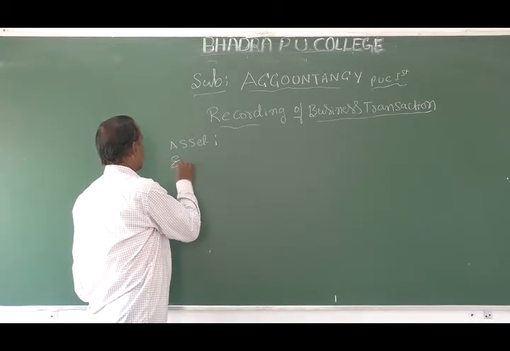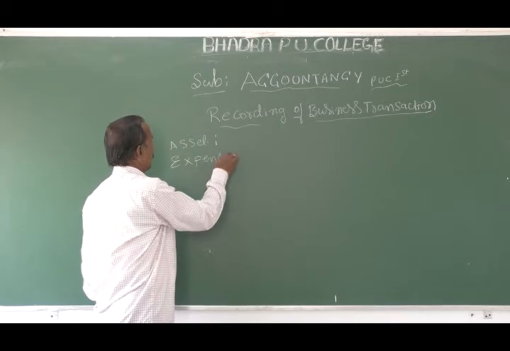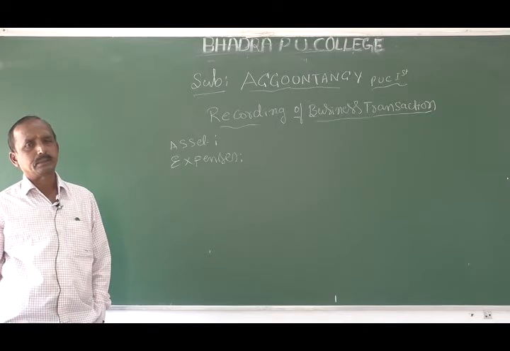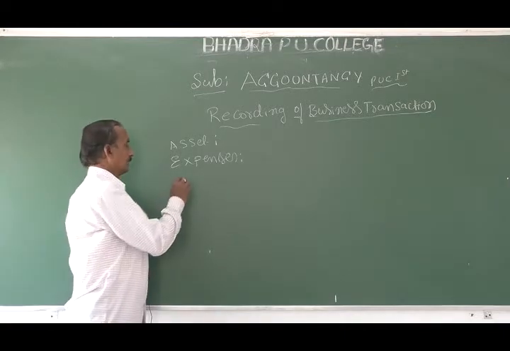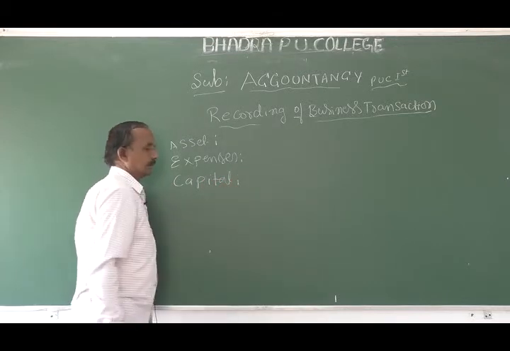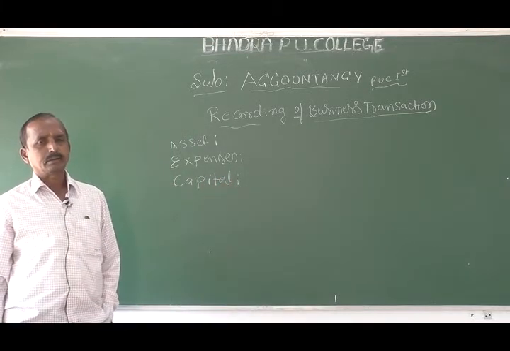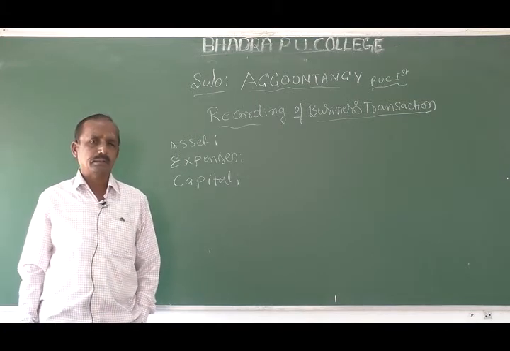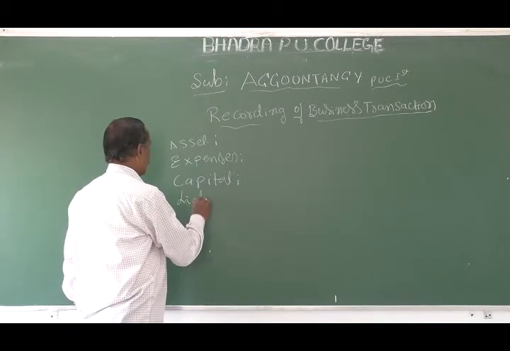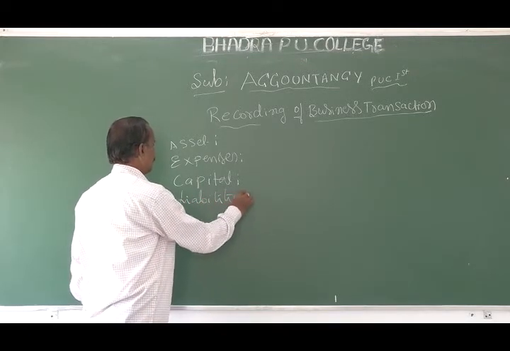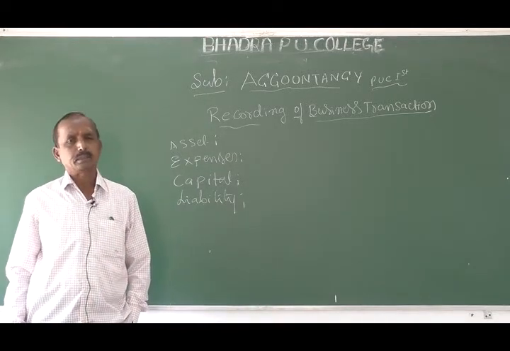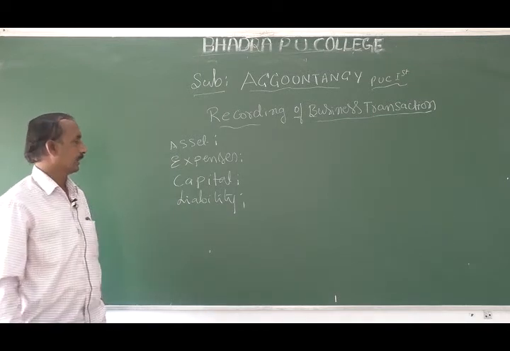Second one, expenses: debit increases the expenses, credit decreases the expenses. Third one is capital: debit decreases the capital, credit increases the capital. Liability: debit decreases liability, credit increases liability.